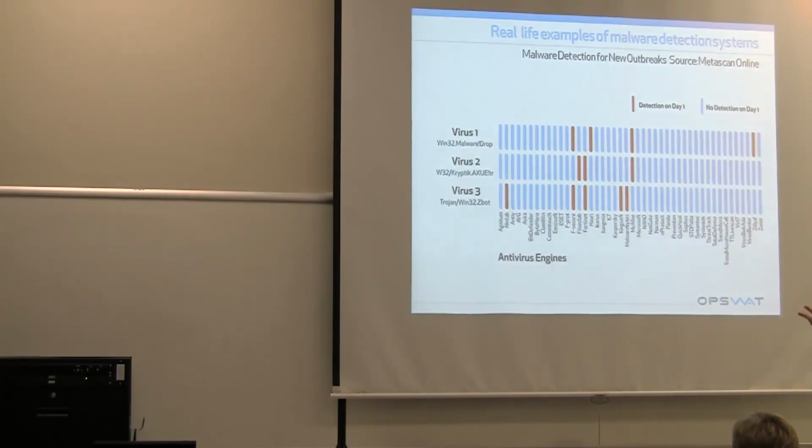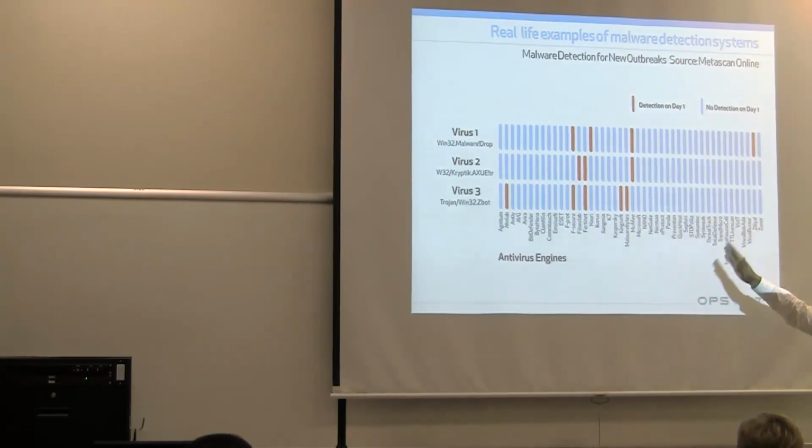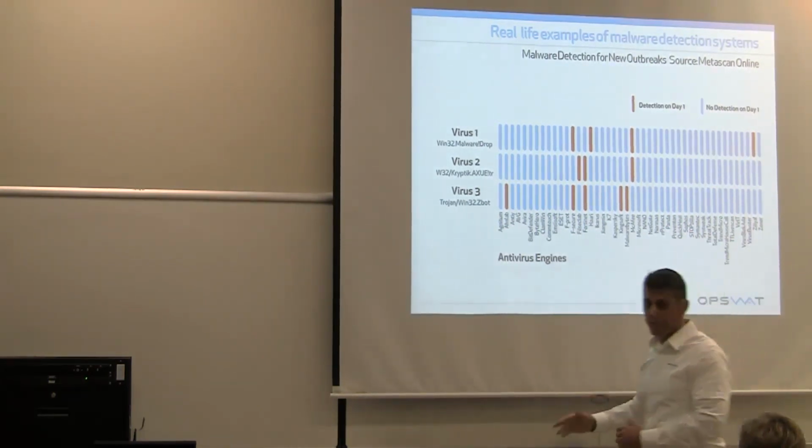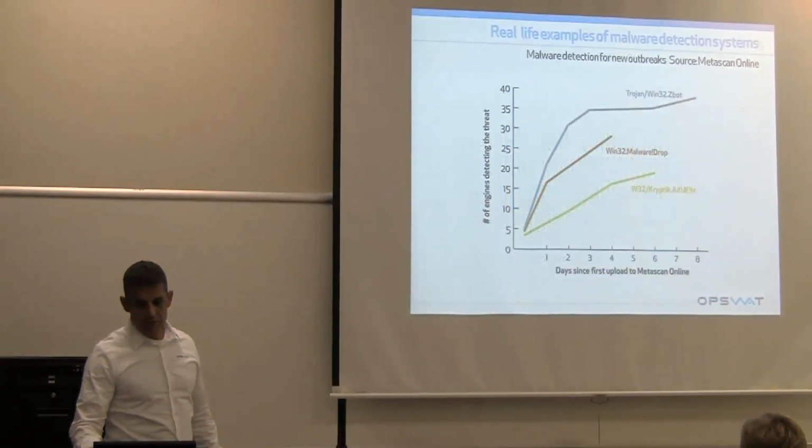We're pretty much not displaying those. So we just took these 3 different viruses, and you can see each one of the antivirus engines and when they detect the virus on day 0 and day 1. So you can see how the industry reacts to viruses out there. You can see the efficiency.